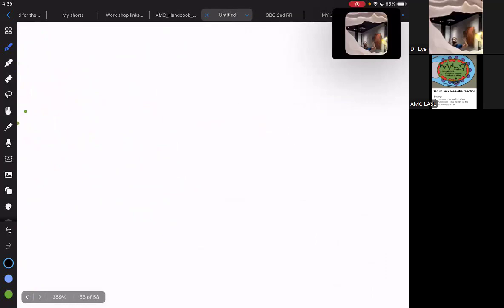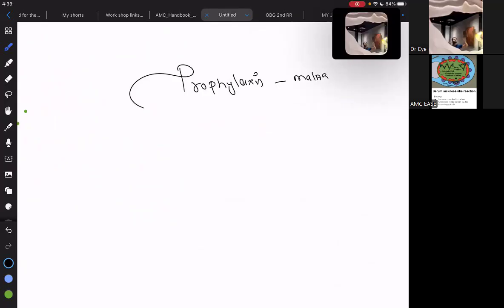But another important part of malaria is prophylaxis. This is asked in your examination, so you have to remember this. I will write the statements.